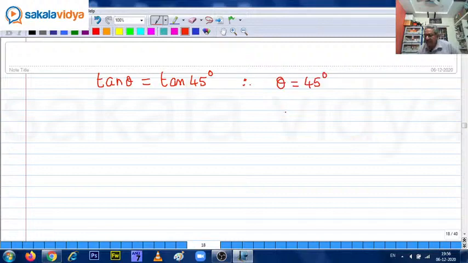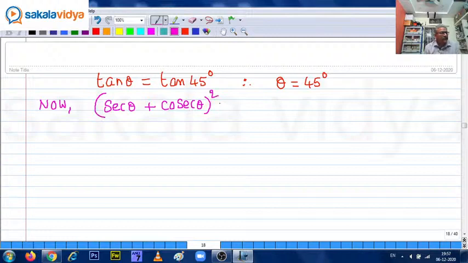But what are we asked? Let us check it now. We are asked to find out (sec theta plus cosec theta) whole square minus sin square theta. This is our aim. So let us substitute the theta value here.